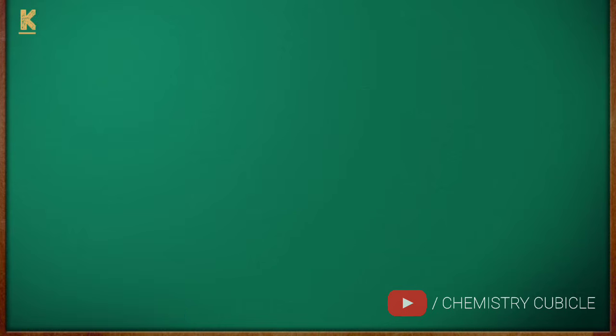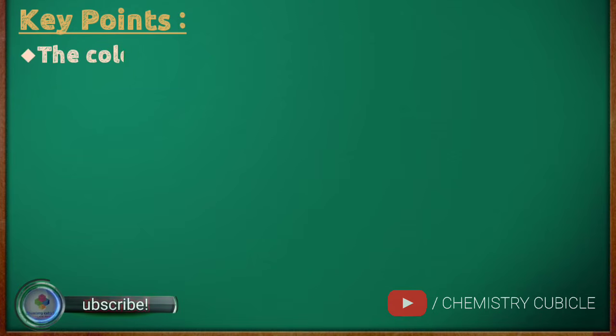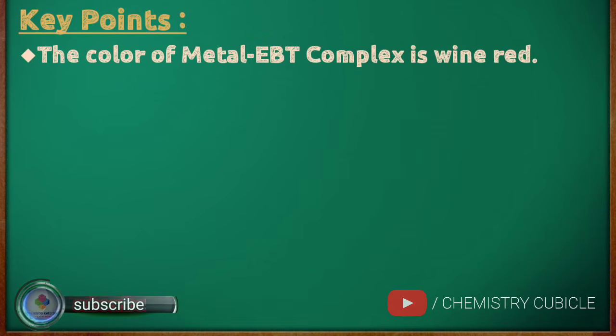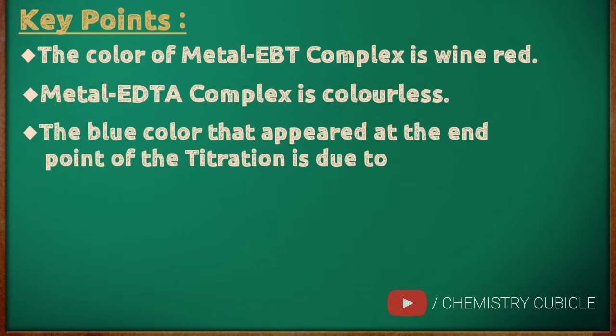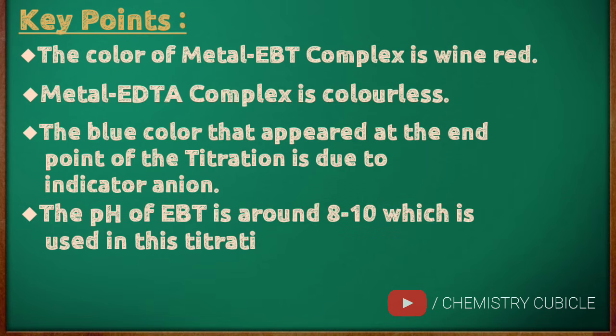The key points to remember about this complexometric titration are: the color of the metal indicator complex is wine red. The metal-EDTA complex is colorless, and the blue color that appears at the end of the titration is actually due to the indicator anion, as the indicator is blue when it is not complexed with the metal ions. The pH for Eriochrome Black T is around 8 to 10.